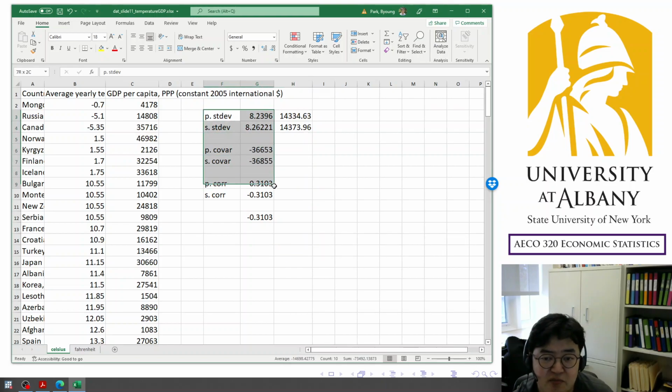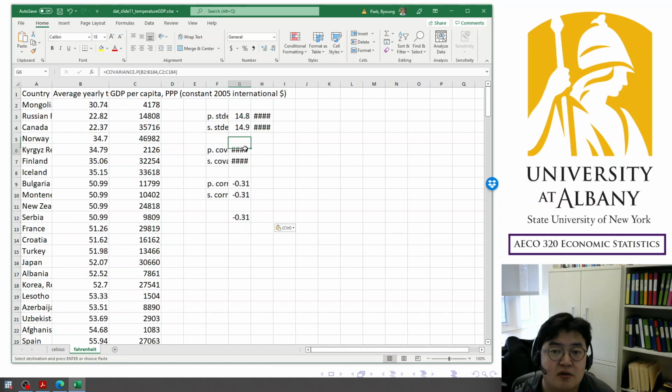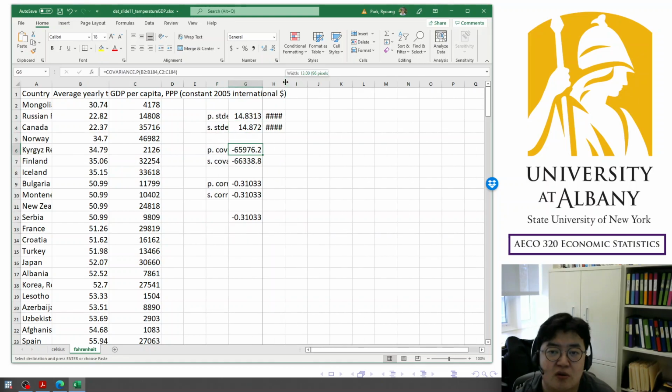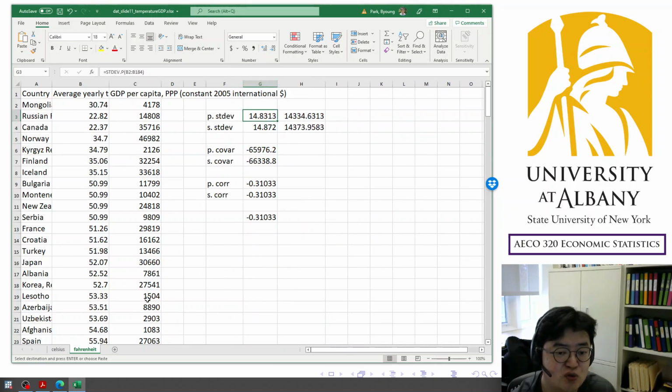Okay, so let me copy this and put it here. I am copying the formula to the data in Fahrenheit, right? I changed the data into Fahrenheit, and I recalculated the same measures.